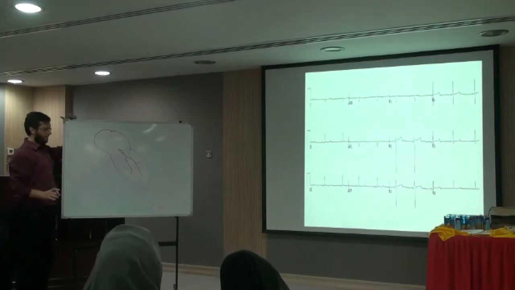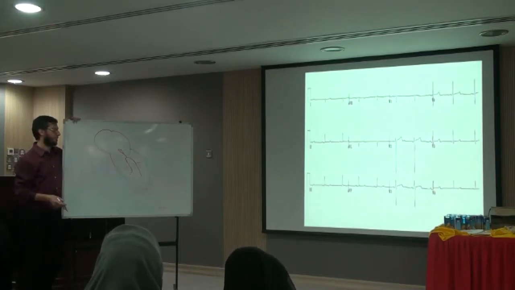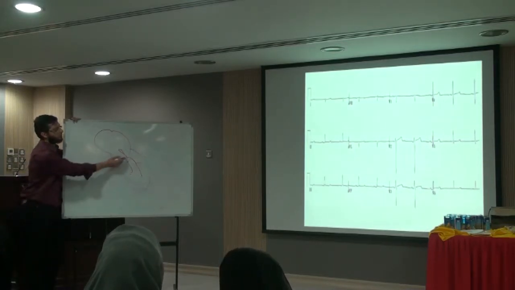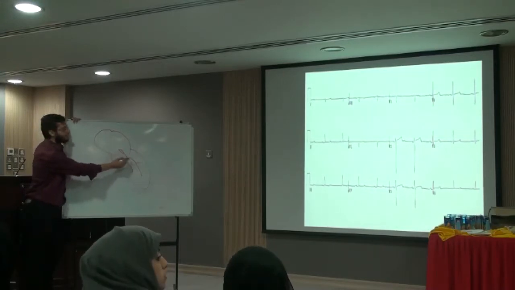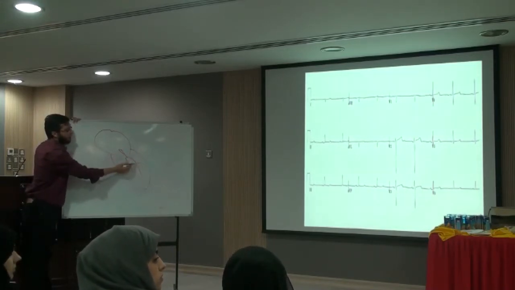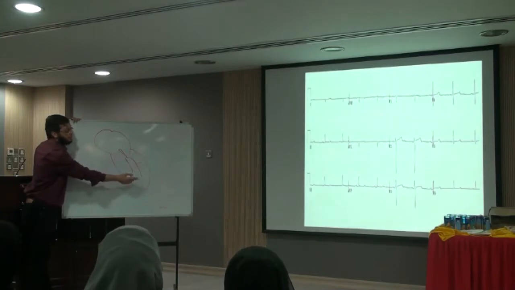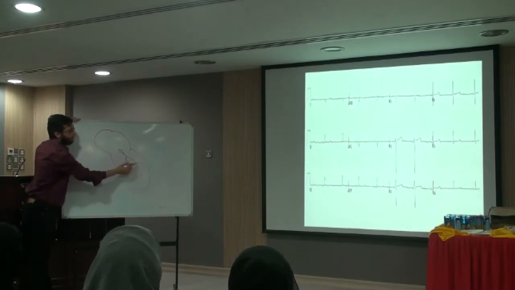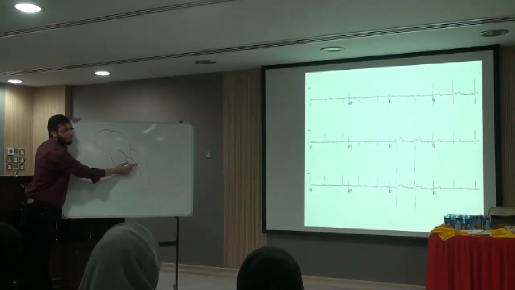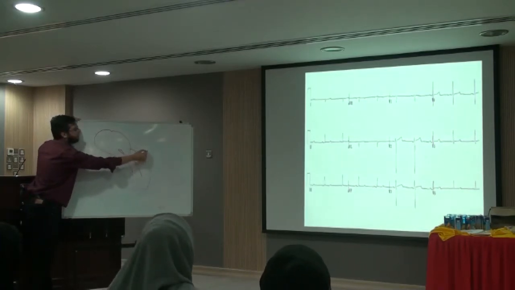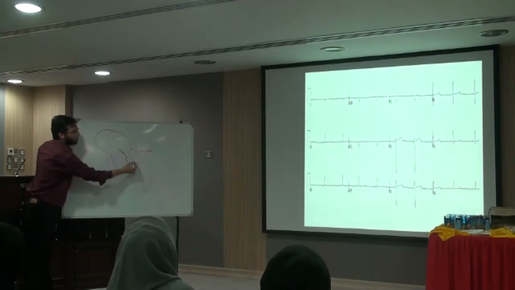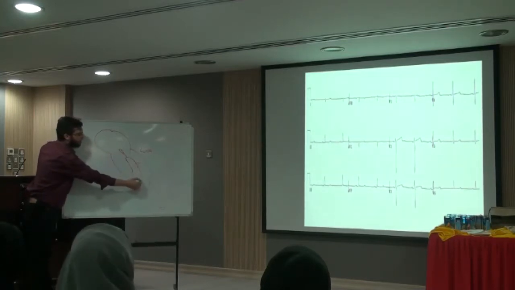Normally, anatomically and electrically, the left bundle is not only one bundle. It has a left anterior fascicle and a left posterior fascicle. The left anterior fascicle goes away from the LAD artery.